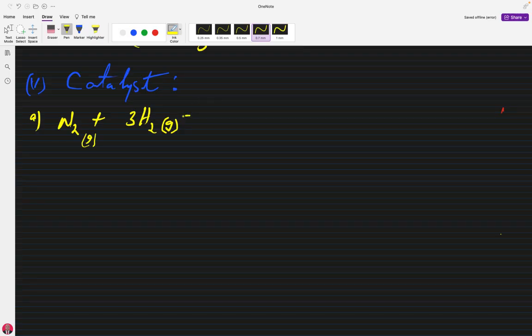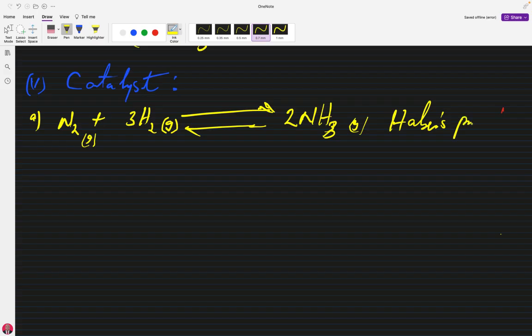In the Haber process, what is the catalyst used? The catalyst is finely divided iron.